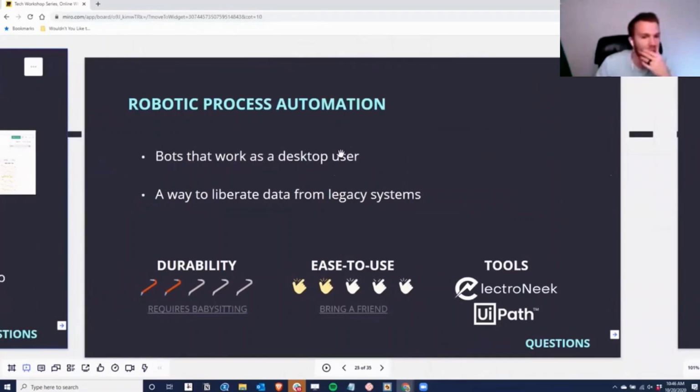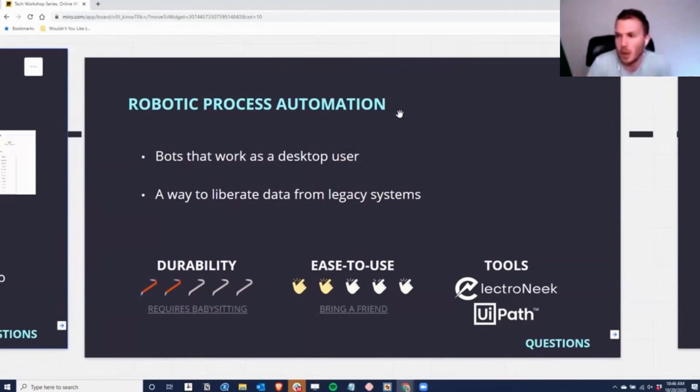Okay, robotic process automation. This is a pretty powerful one in our industry, and it will be really interesting to see what happens here. So robotic process automation historically has been a tool for enterprise, because enterprise is in this really interesting situation where you've got all these huge companies with huge systems and SAP or whatever it is, and they are of such a size that it doesn't make sense to ever move to something else.